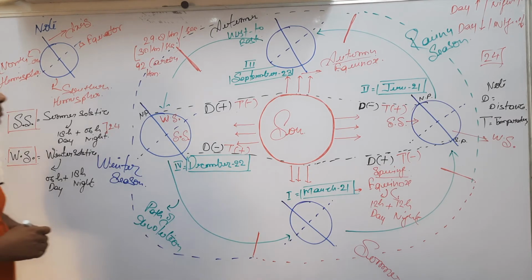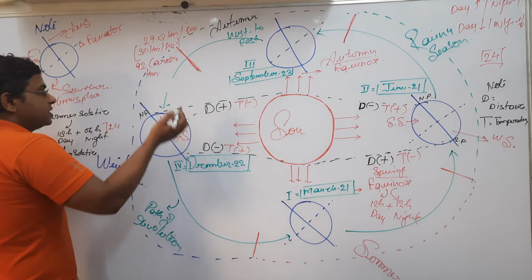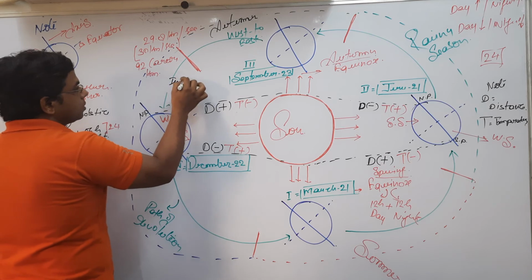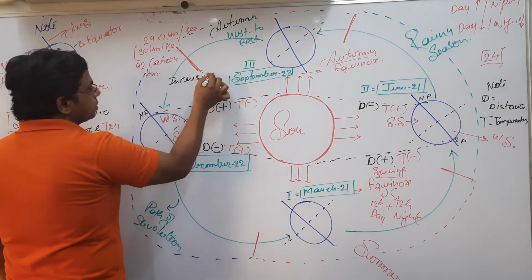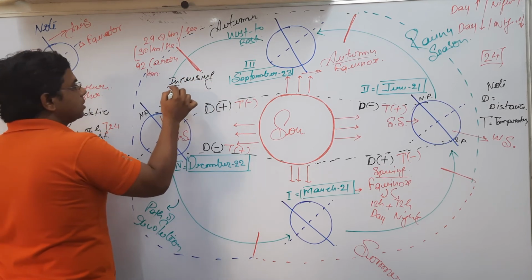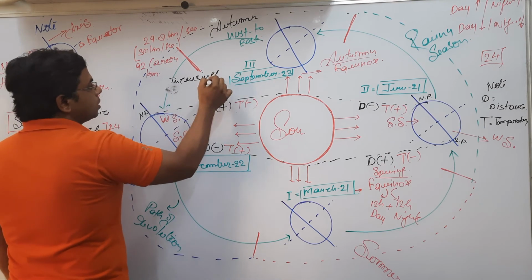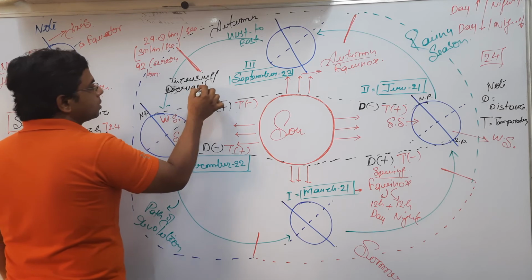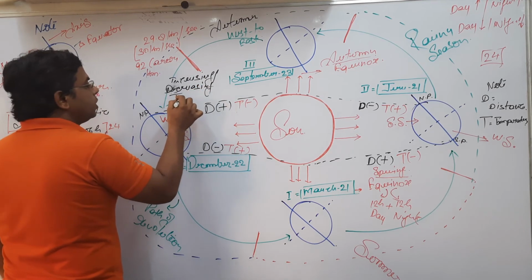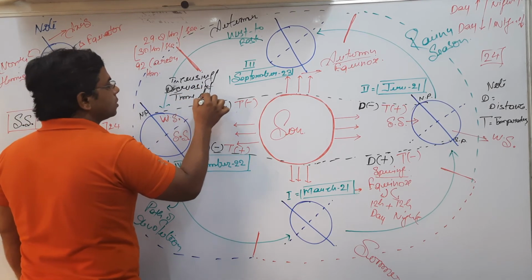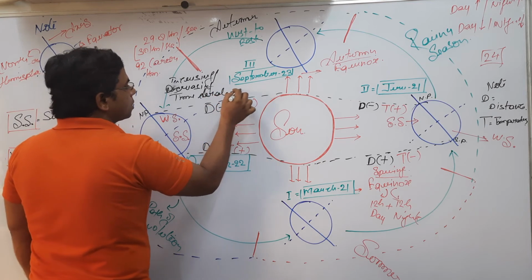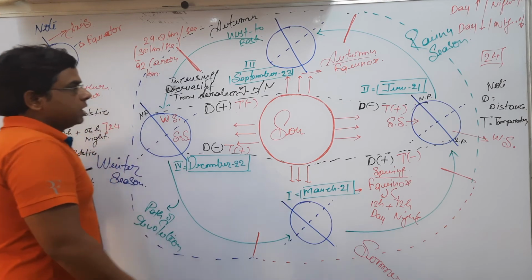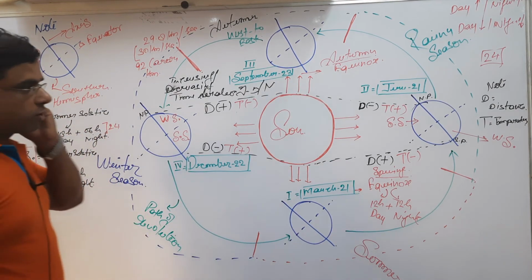So the first outcome of the revolution is increasing or decreasing time duration of the day or night.